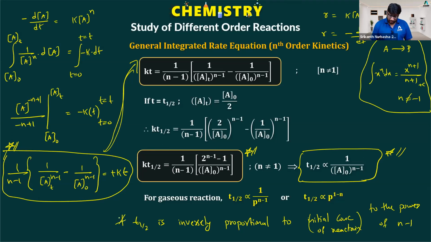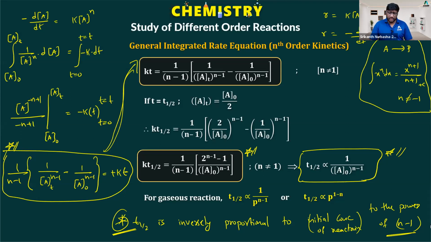What is n? n is the order of the reaction. T half is inversely proportional to initial concentration of the reactant to the power of n minus 1, where n is the order of that particular reaction.